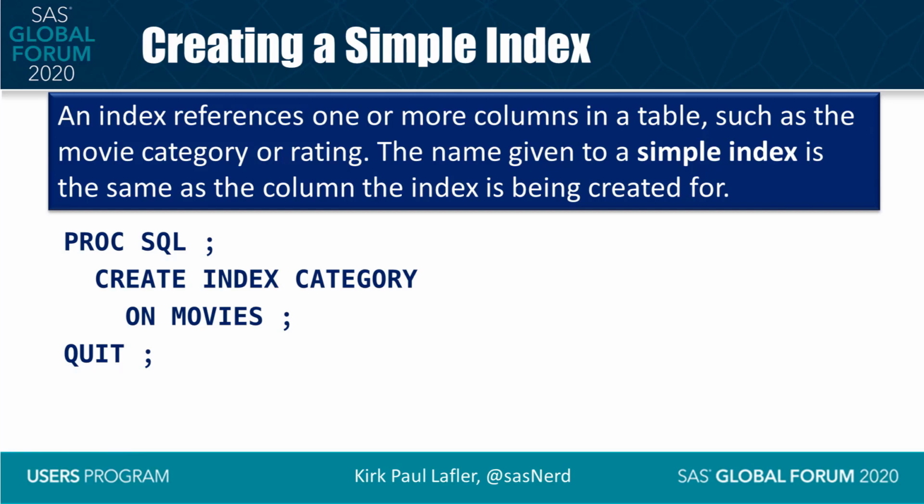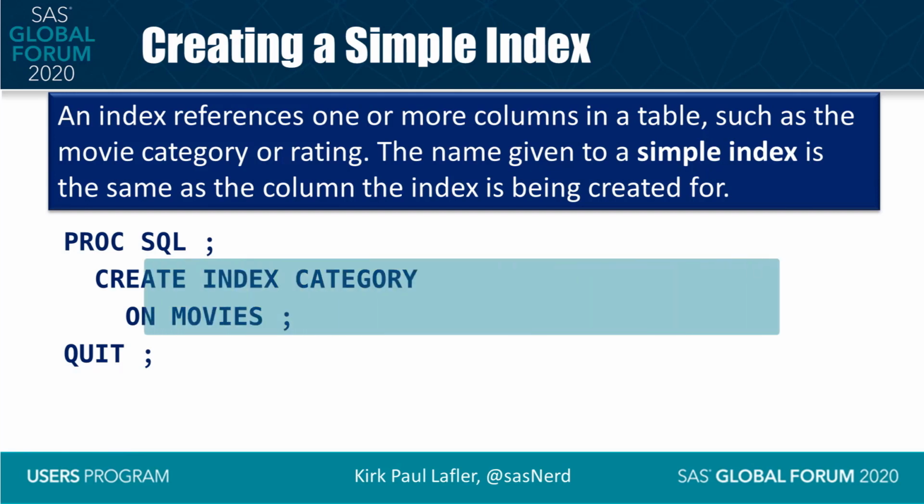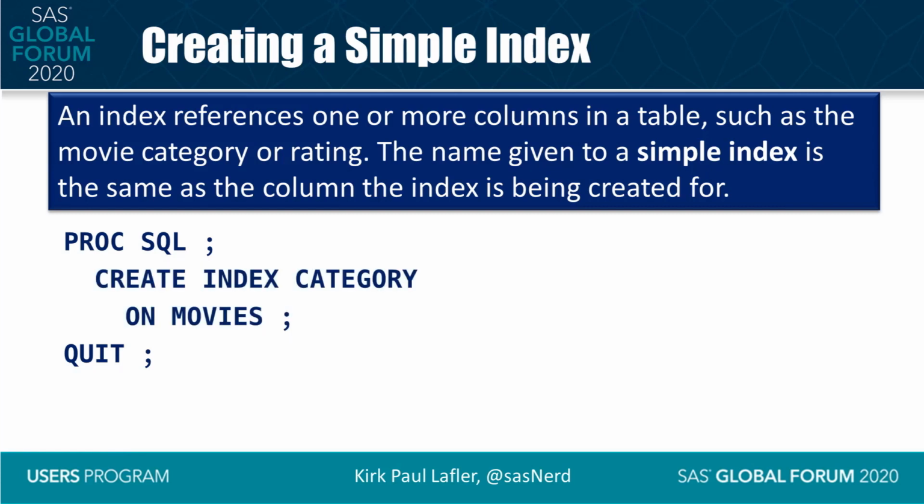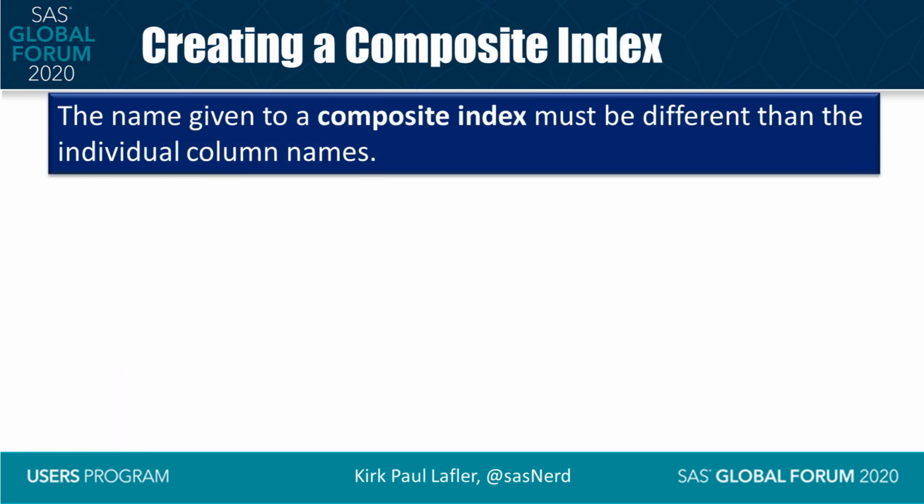So if we want to create an index on the variable category, we can say create index category on movies. Now this does require that we have exclusive access and use of the data set itself in order to create an index.